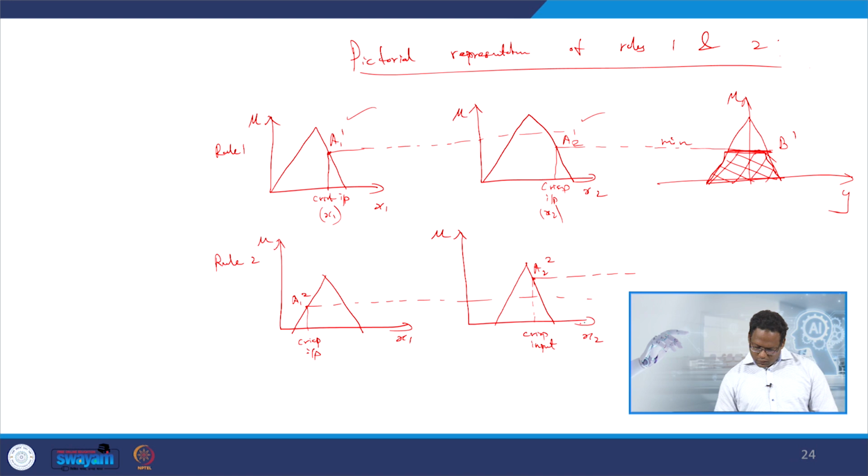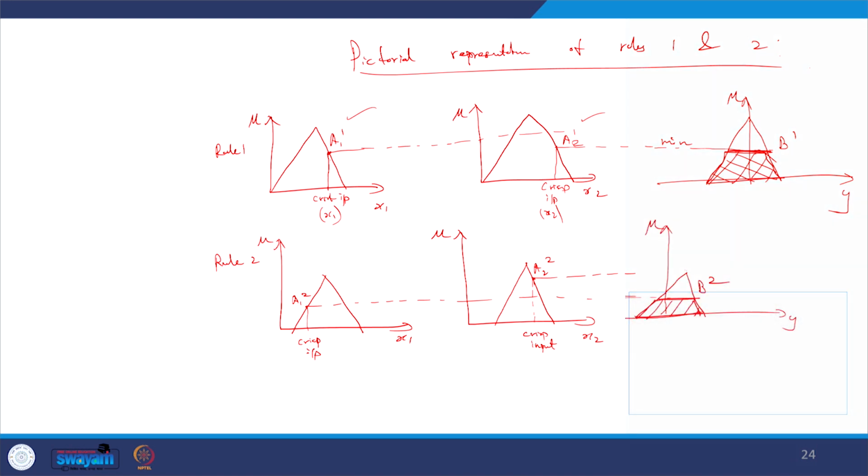Okay. So, now this leads to the output membership function for y. So, the minimum of this goes here. So, the minimum cuts here. So, this portion gives you the B2, that is the output 2 for rule 2.